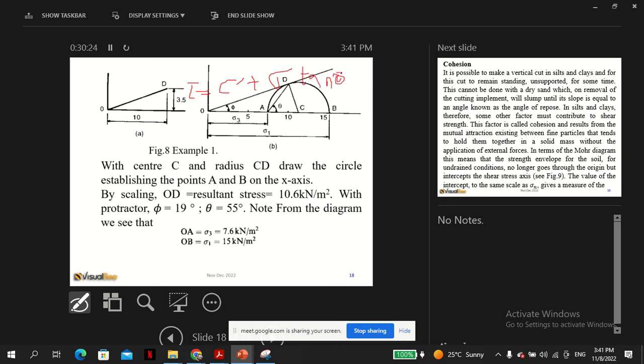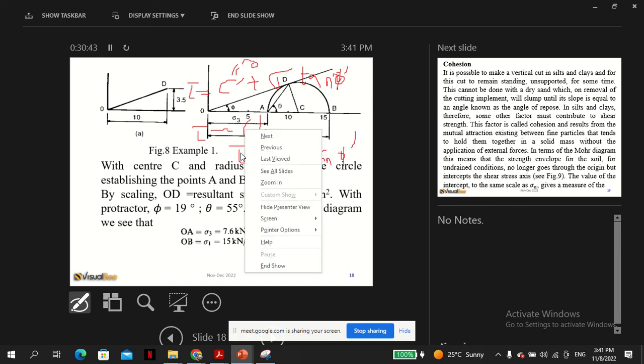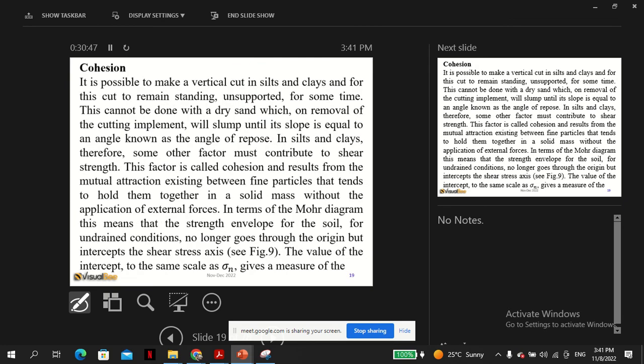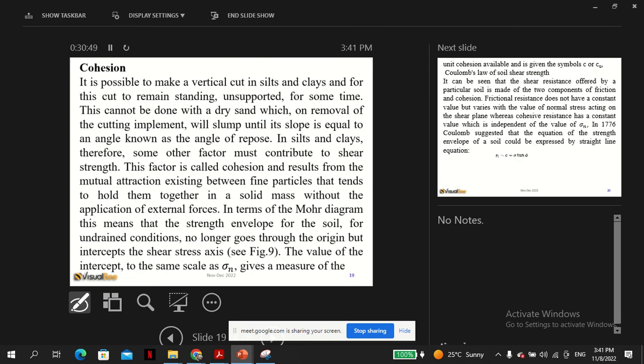That is the general equation, but for sand, C is 0. So tau is just sigma tan phi, like the case we have talked about just now. So this is all the point, and of course the nitty-gritties about the Mohr circle.